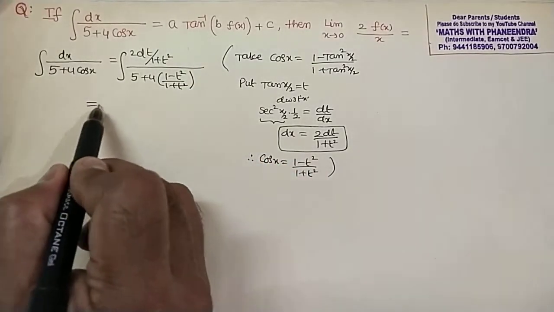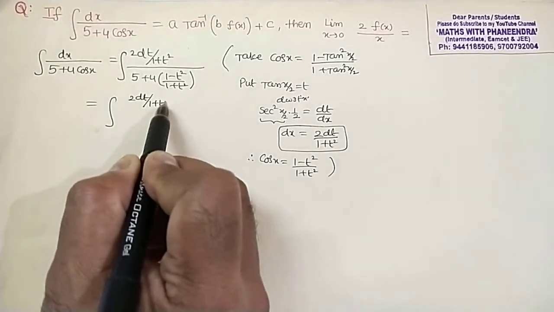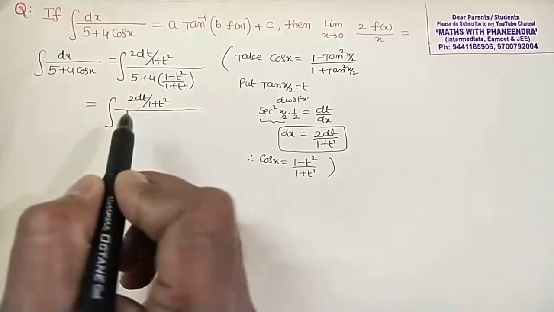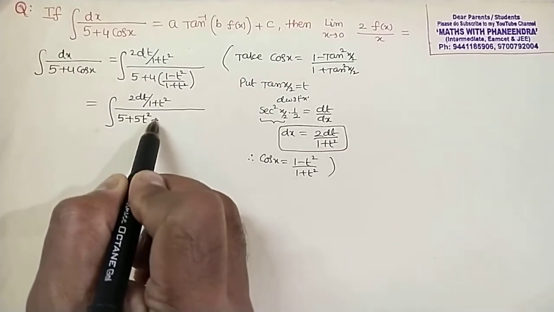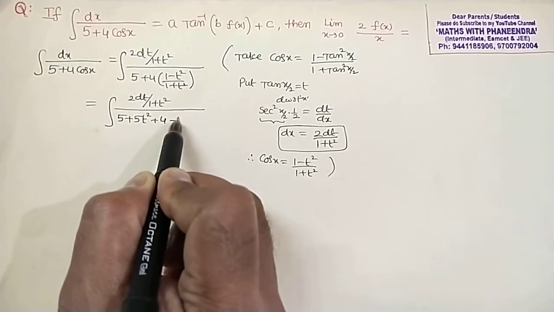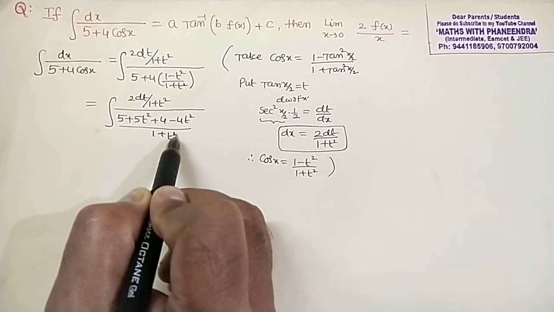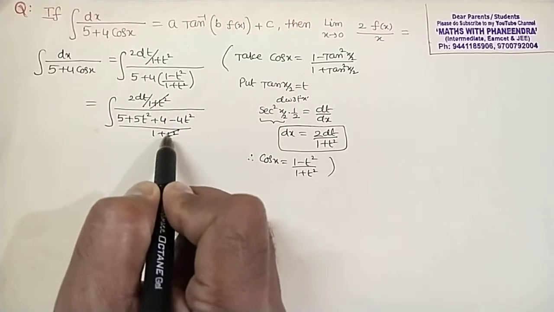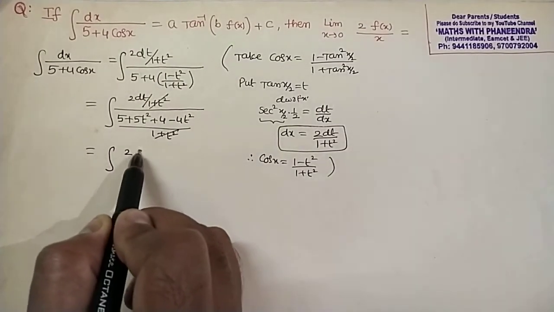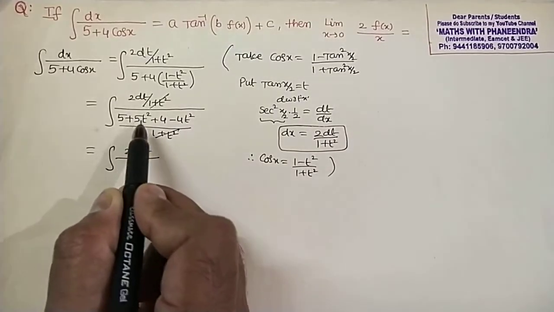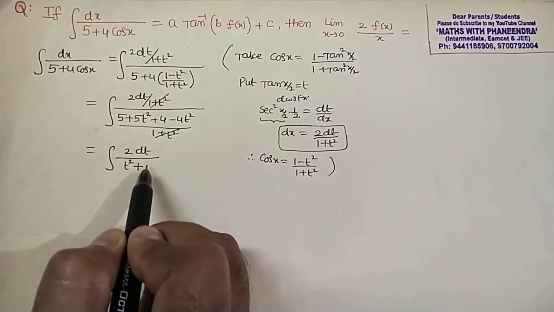Now after taking the LCM, 2 dt divided by 1 plus t square whole divided by 5 into 1 plus t square, that means 5 plus 5t square plus 4 into 1 minus t square, which is 4 minus 4t square, divided by 1 plus t square. Both the denominators cancel, and the rest is integral 2 dt divided by 5t square minus 4t square, which is t square, plus 5 plus 4, which is 9.